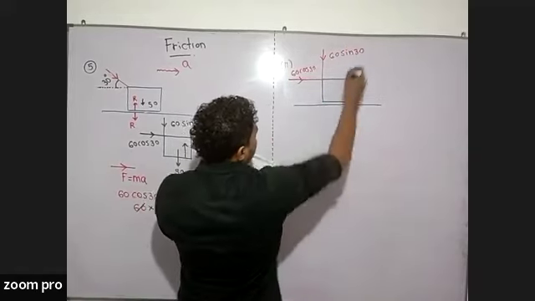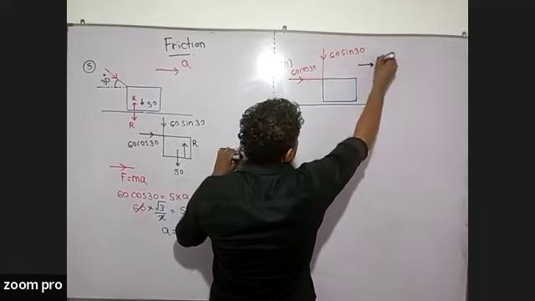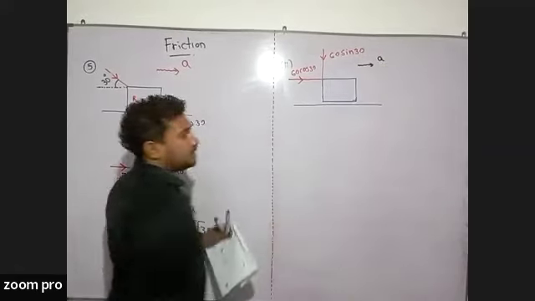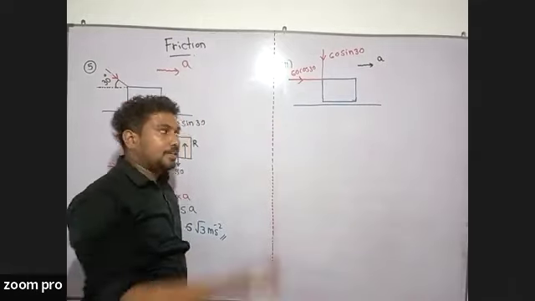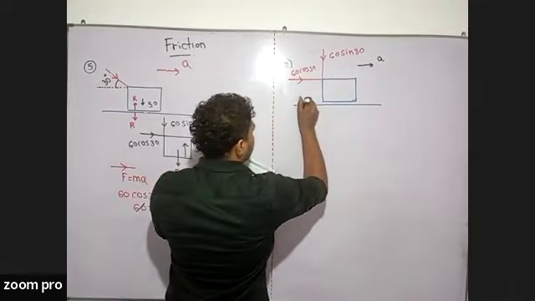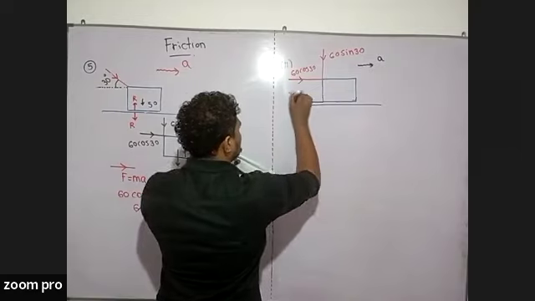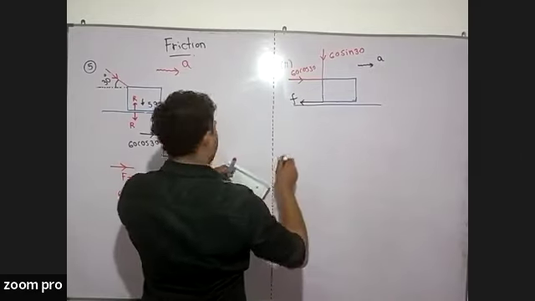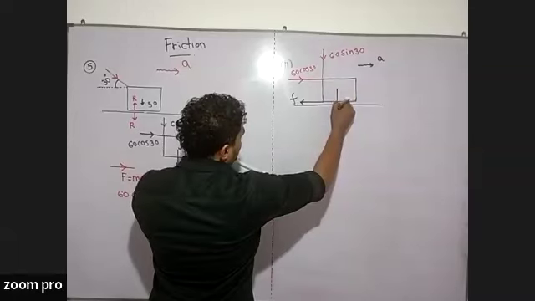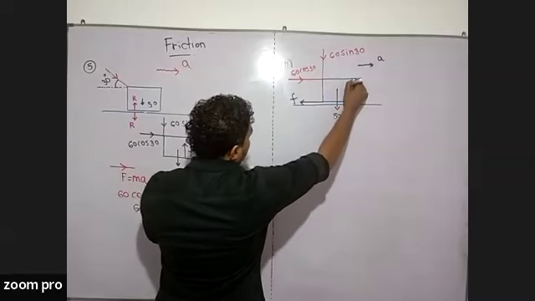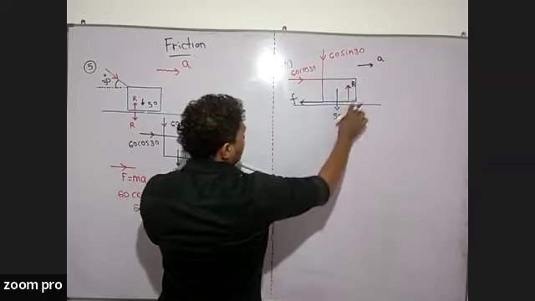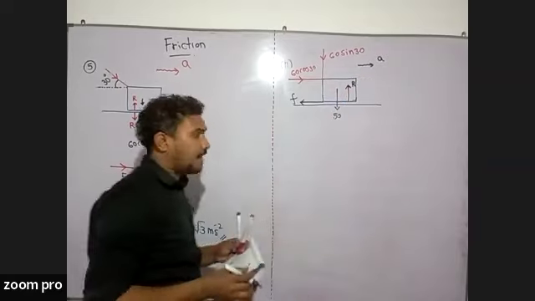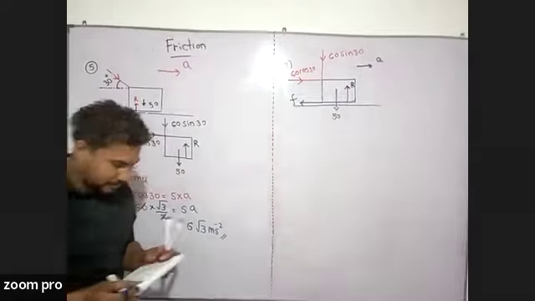Then this object tends to move to the right horizontally. Then the friction force should be exerted in the opposite direction, right? And if we further mark the forces, the weight should be 50, and the normal reaction exerted from this surface, let's consider it as R, right?